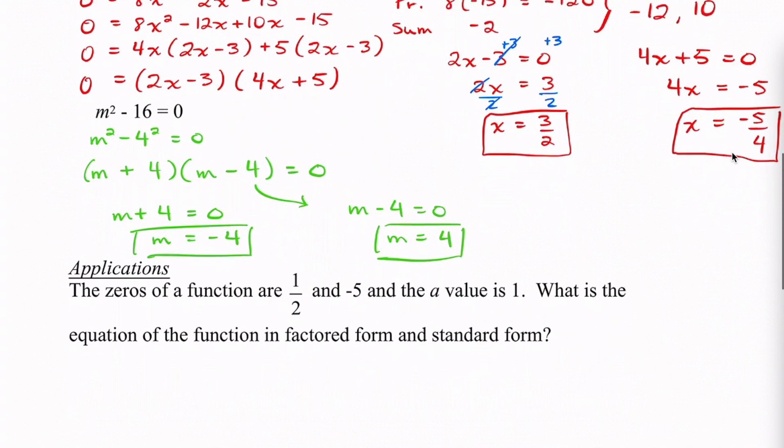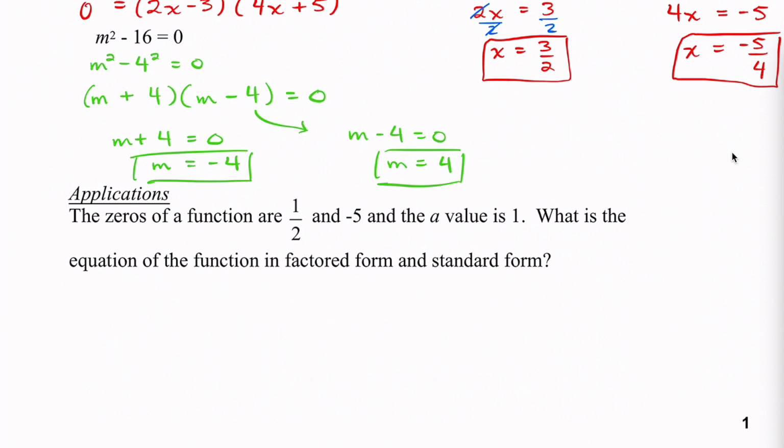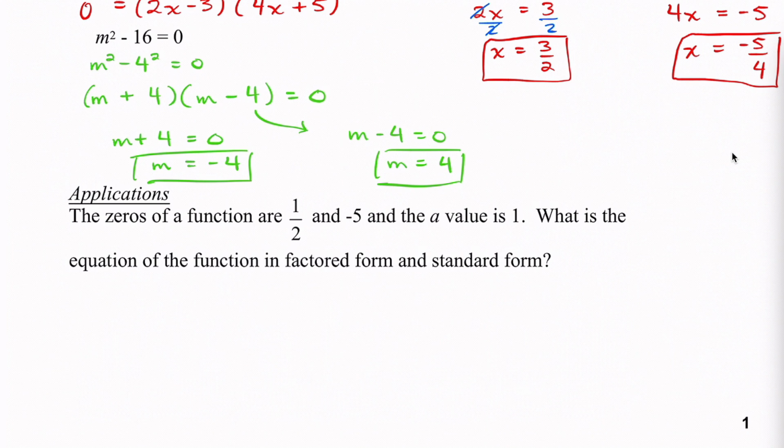The next question we're looking at is an application question. So it says the zeros of a function are a half and negative 5, and the a value is 1. What is the equation of the function in factored form and standard form? So it's asking for kind of two different answers. So let's start with our factored form, and then we're going to fill this in with what we know.